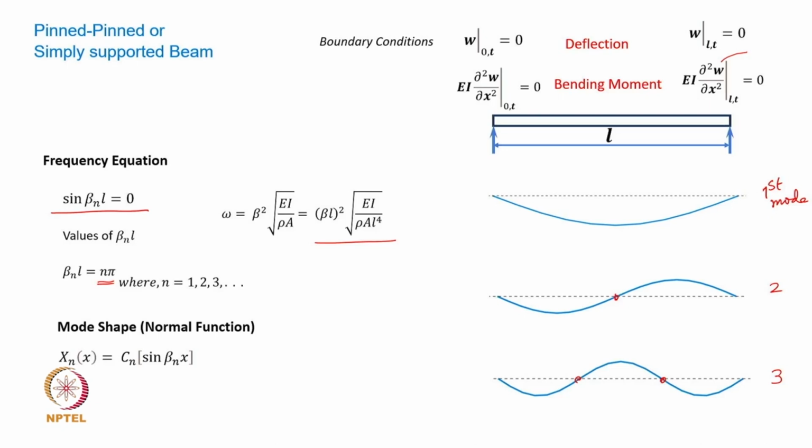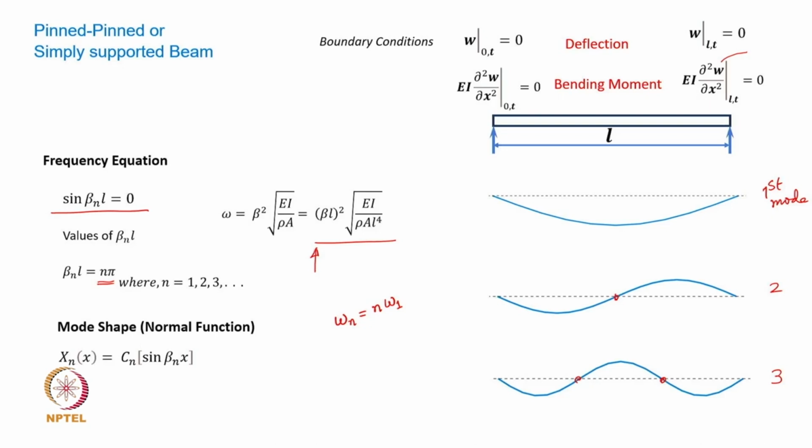What is also interesting here when you compare it with the stretched string is that in the case of a stretched string, omega n was n times omega 1. That means the higher natural frequencies are integer multiples of the fundamental, but that is not going to be the case in the lateral vibration of the beam.